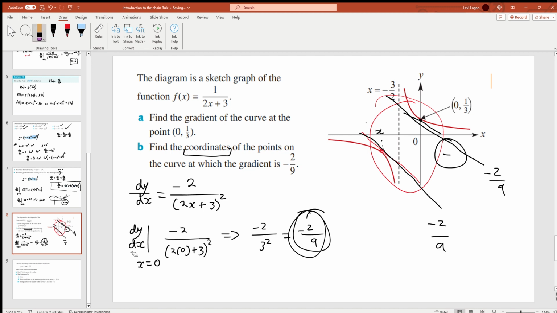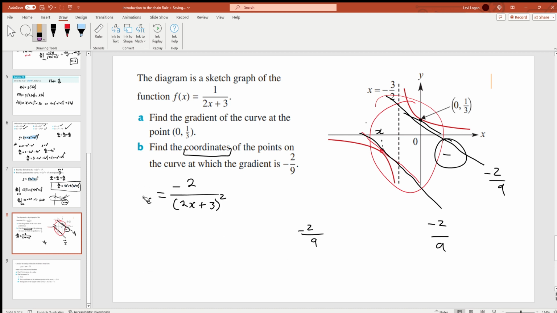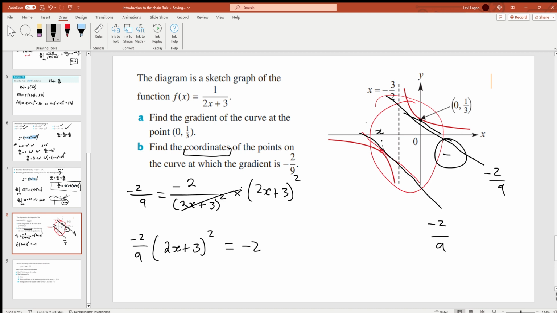So if we rub all this out now, set this number equal to dy/dx, move this guy up here, and if I do this, I'm going to get two x numbers. So I'll get negative 2 on 9 times 2x plus 3 all squared equals negative 2. All I did was multiply both sides by 2x plus 3 all squared, and that cancels out, and that moved it up there to here. Okay, alright, let's rub this out.